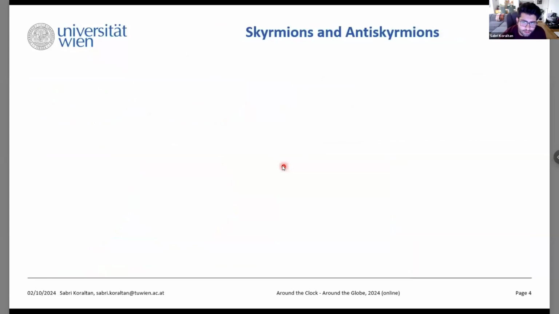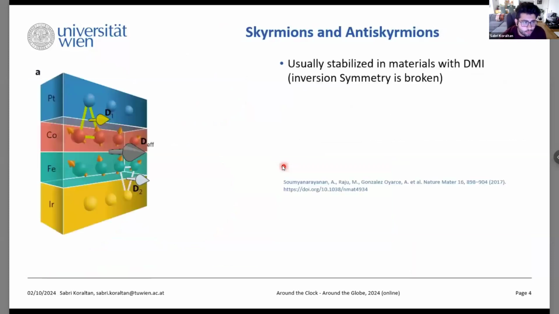The research of skyrmions took a quite positive turn once the approach of using magnetic or ferromagnetic multilayers came into play. In this work, we have two ferromagnetic layers, the iron and the cobalt, which are sandwiched between two heavy metal layers, the platinum and the iridium.